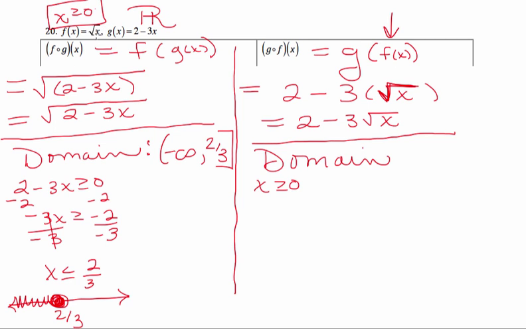That's the domain of my inner function. Now the domain of my composite and the domain of the inner function are twins. So there's no additional domain restrictions. And therefore the domain of my composite function is going to be from 0 to infinity.